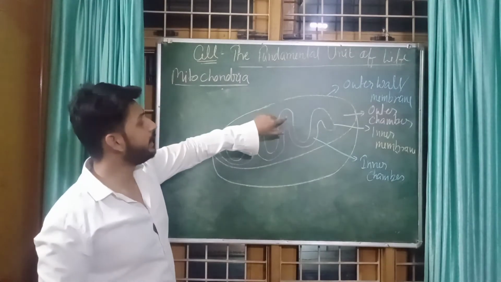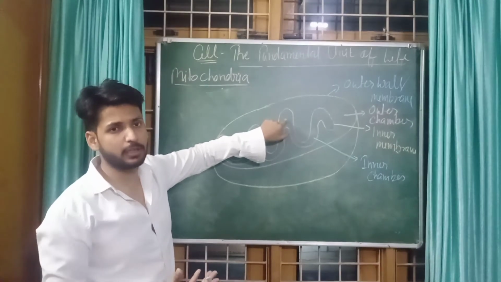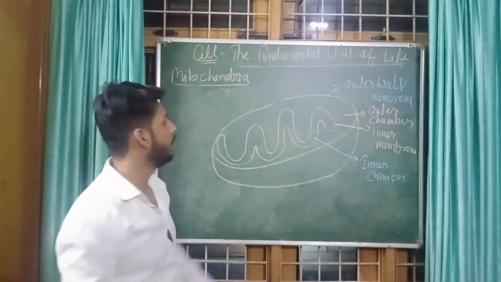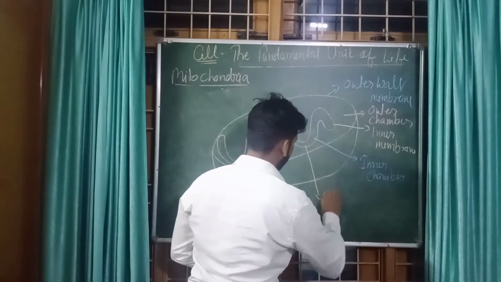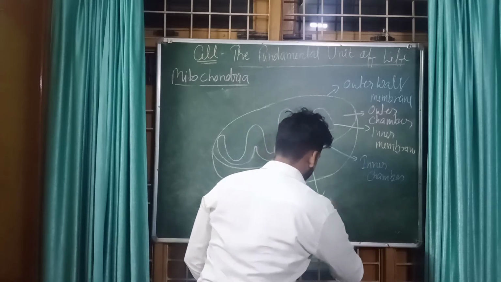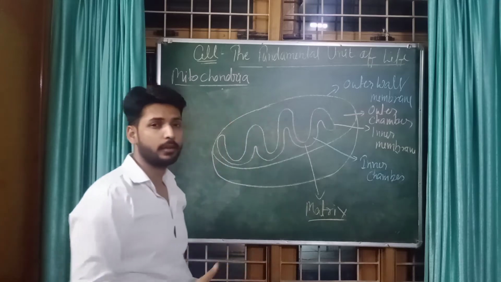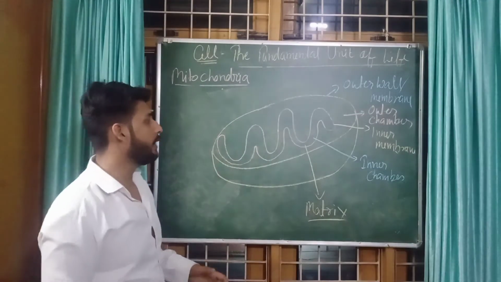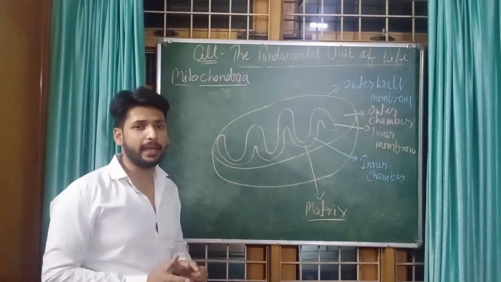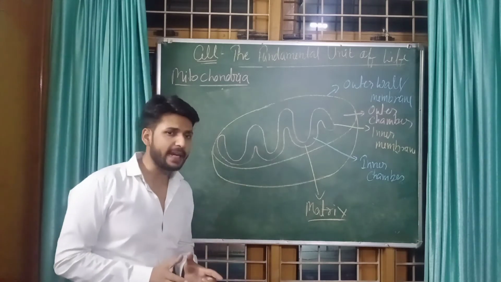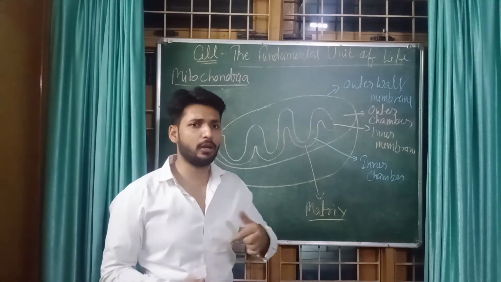Here, the fluid is present inside the inner chamber, the space inside the mitochondria, and this fluid is known as, what is this fluid called? Matrix. It is known as matrix. And you know, mitochondria has its own DNA and ribosomes, so that is why it can synthesize its own protein. It does not depend on others.